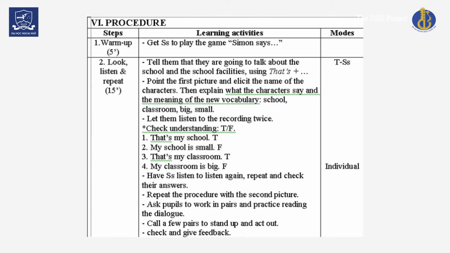You can see the order of the skills here. Students listen and read to answer true or false questions. Then listen and repeat. Then read the dialogue. Then role play.